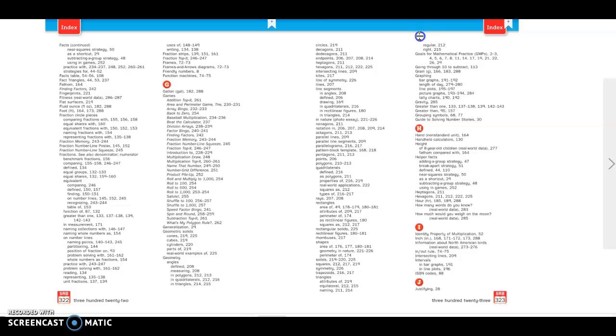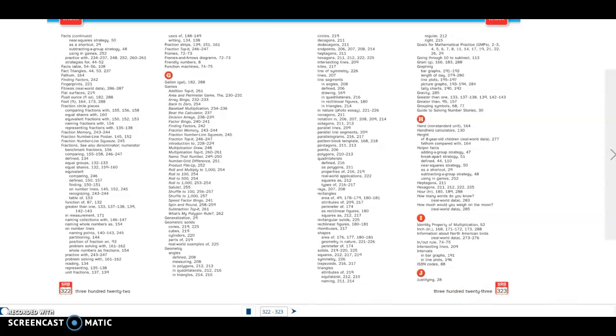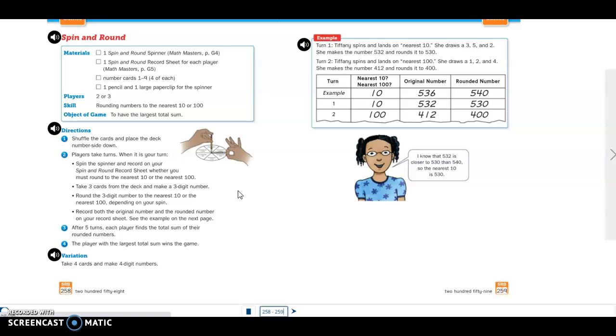And this is one way we would use the student reference book throughout the year, is to look up how to play a game. Because as you can see, there's quite a few third grade math games. So we might use it to find the directions if we don't know how to play, especially if we're at home and we're trying to know how to play that game.